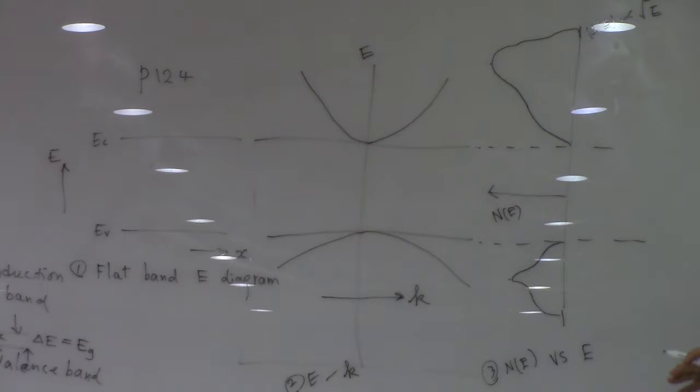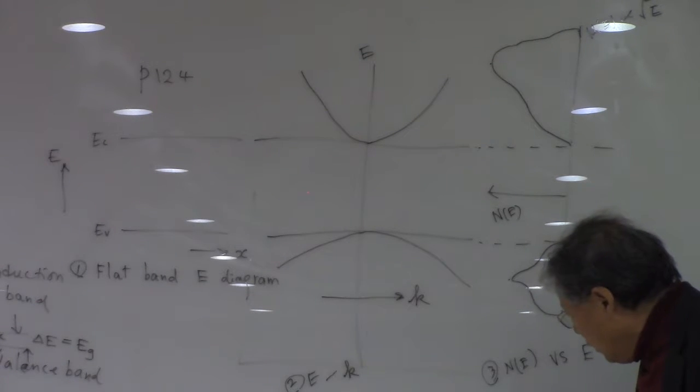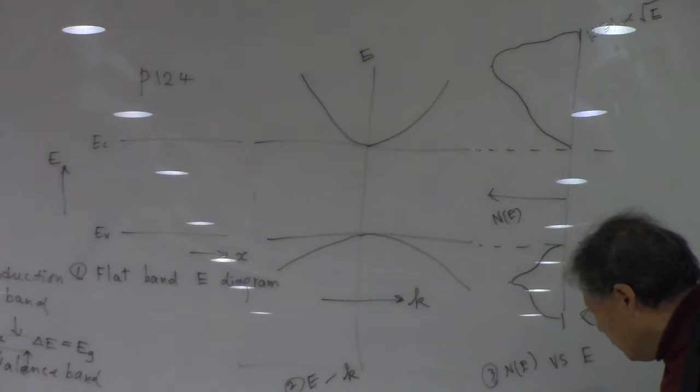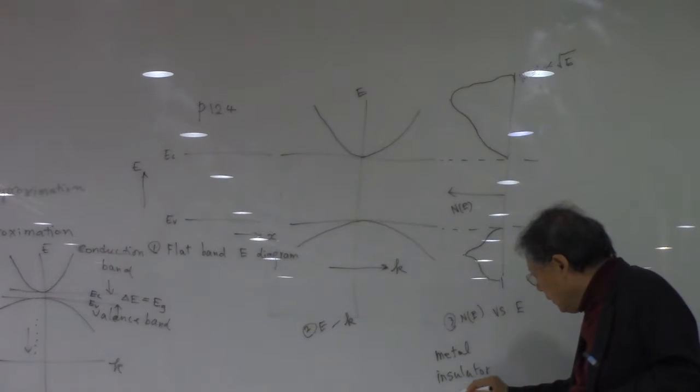So in real materials, we can distinguish metal and insulator and the semiconductor, right?